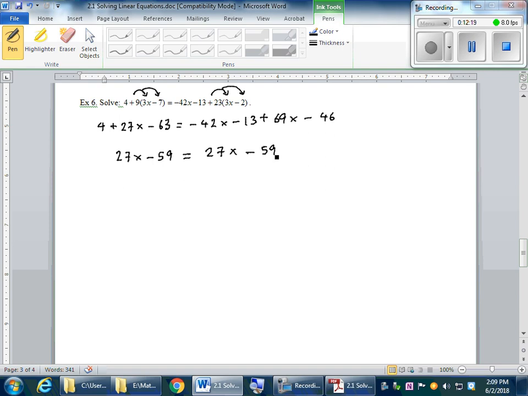Now, if I subtract both sides by 27x, we got negative 59 is equal to negative 59.